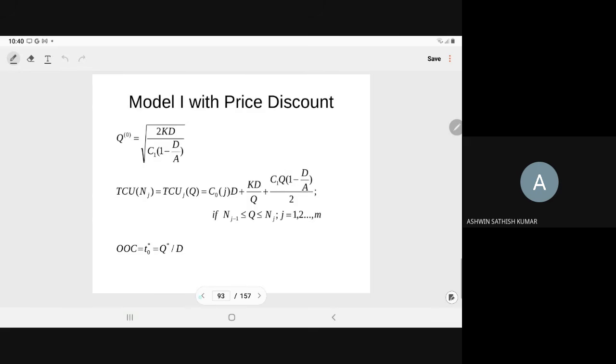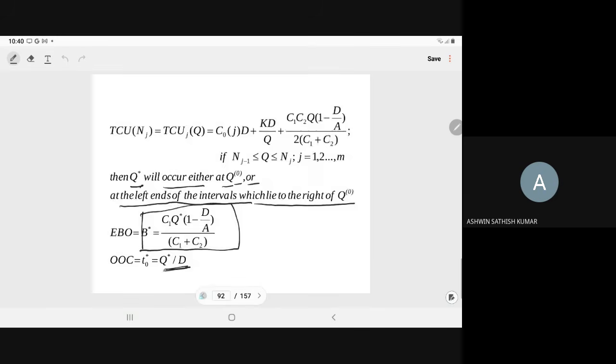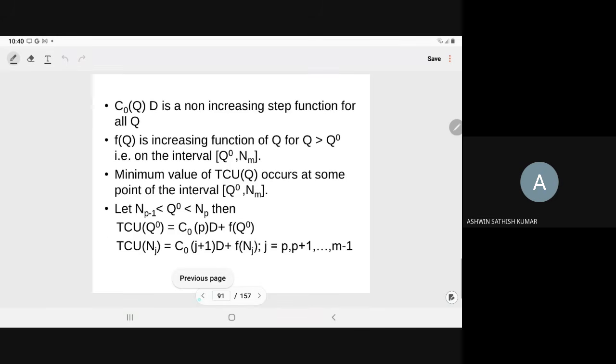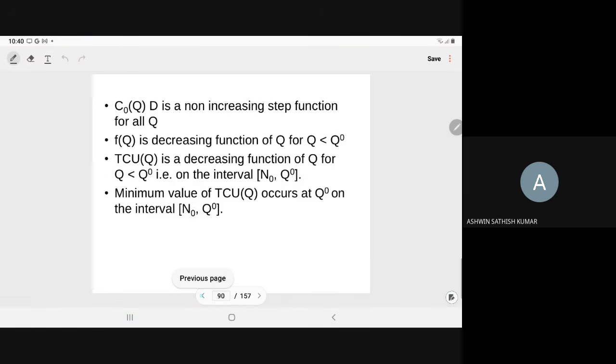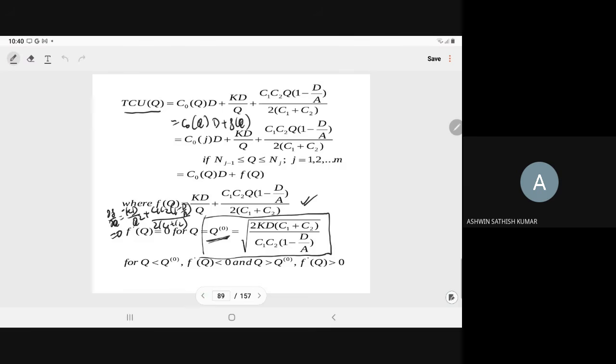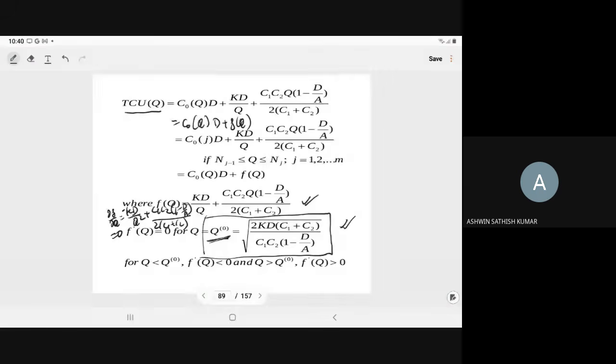So you can see this Q naught. What is this Q naught? It is exactly the same as whatever the Q star in the model third. But it is not a Q star due to the price discount.